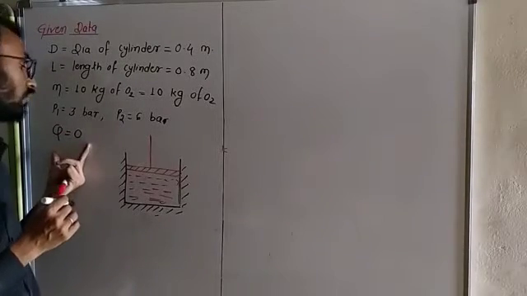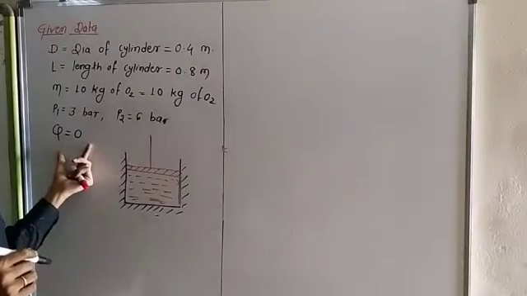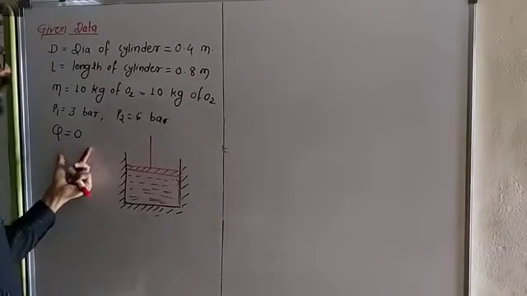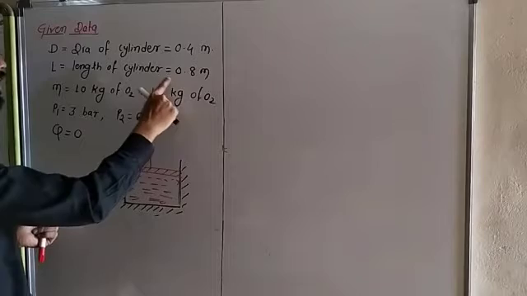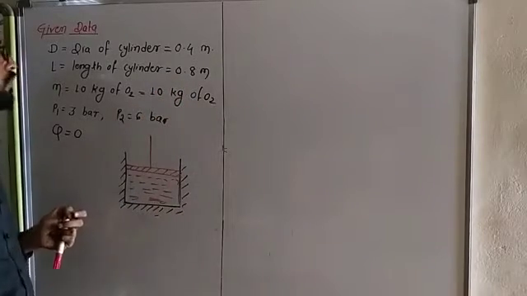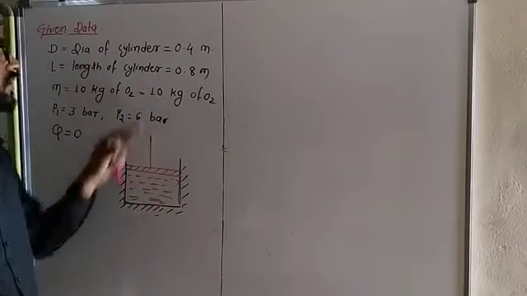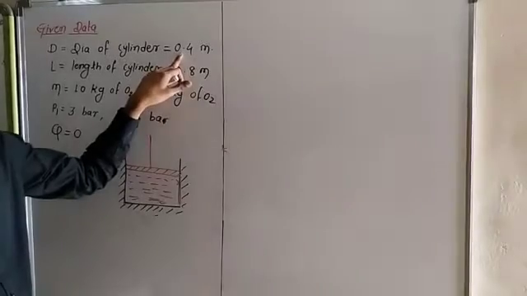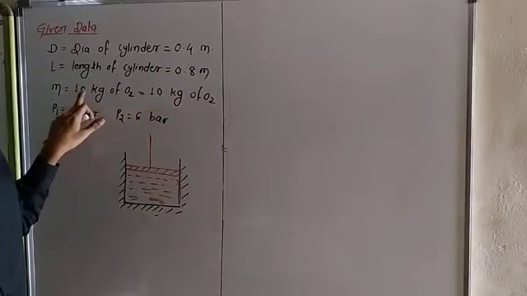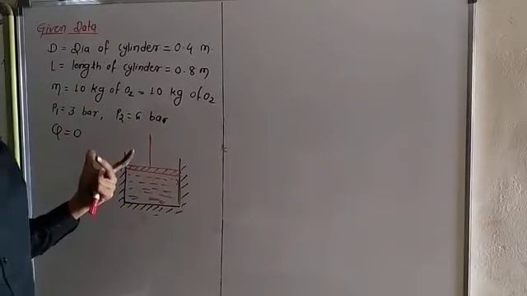The value of Q will be 0. The length of the cylinder is 0.8 meter, the diameter of the cylinder is 0.4 meter, and the mass is 10 kg of oxygen.